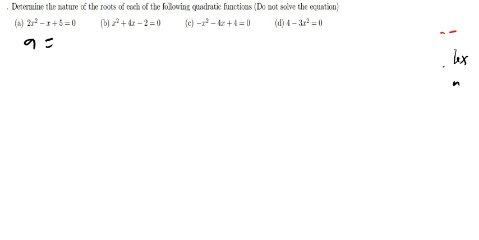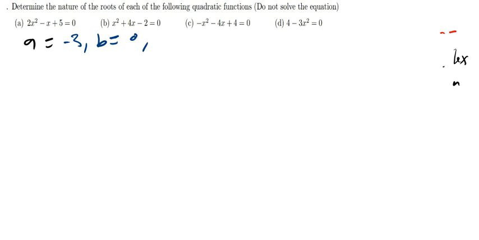So what is a? -3, right? What is b? Are you sure it's 0? Okay, yeah. So we don't have b, so it's 0.